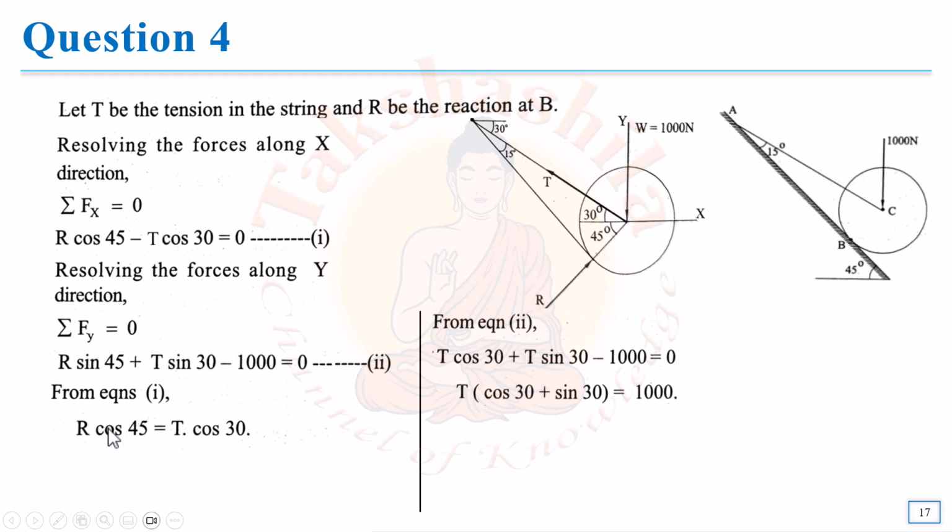So instead of cos 45, if I write sin 45, it doesn't make any difference. So what we get is R sin 45 is equal to T cos 30.